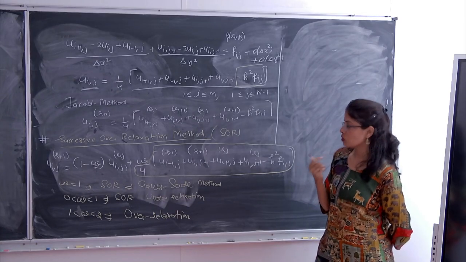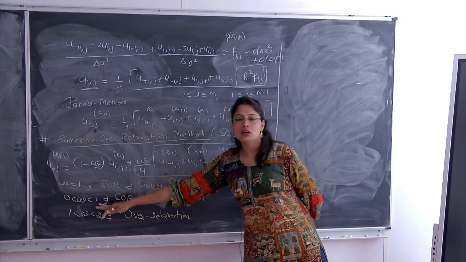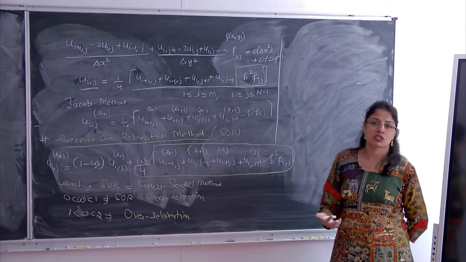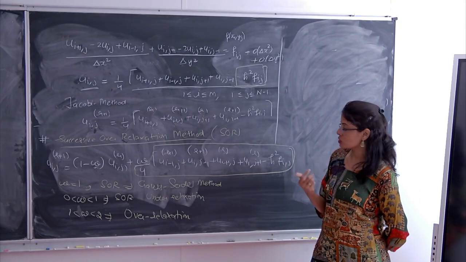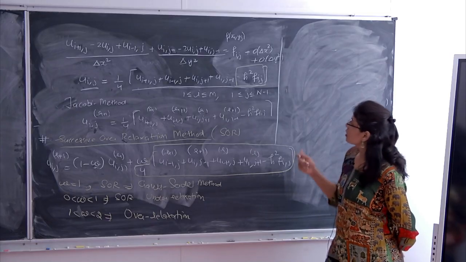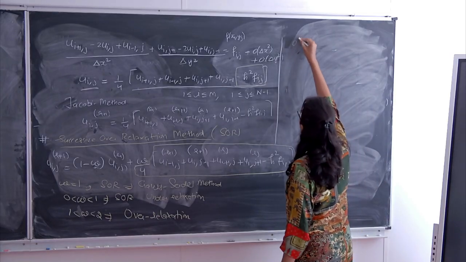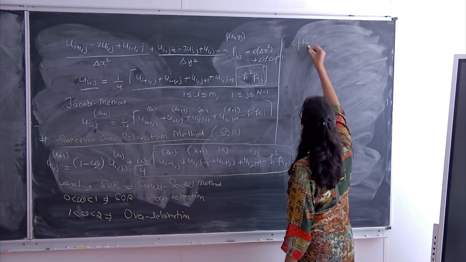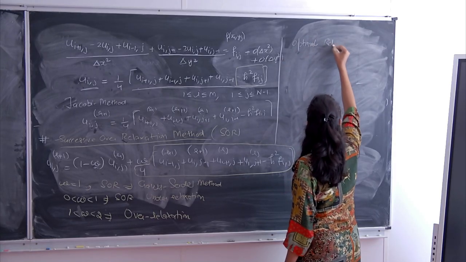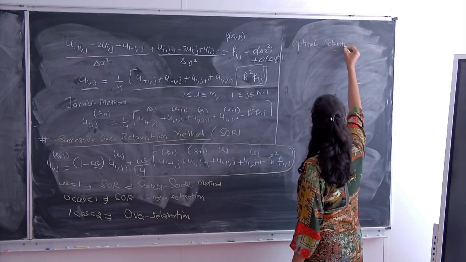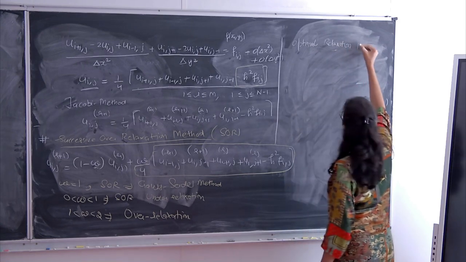So we have to find the value of omega for which we do not need many iterations. In a small number of iterations we can converge to the solution. So we have to find the optimal relaxation factor.